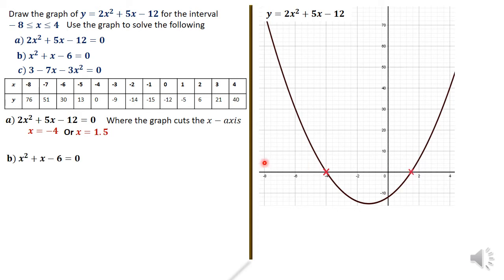This lesson is dedicated to part B and C a lot more because of the concepts that go in there. So this is what we should do with part B. We're told to solve this equation using the graph of this equation.